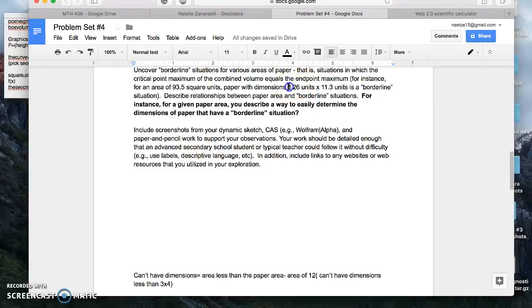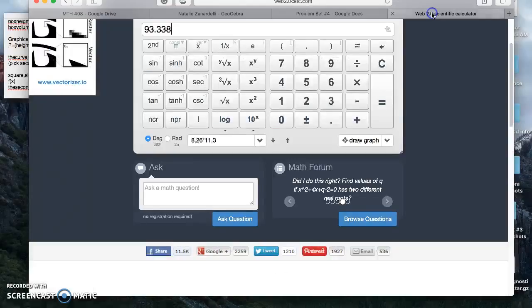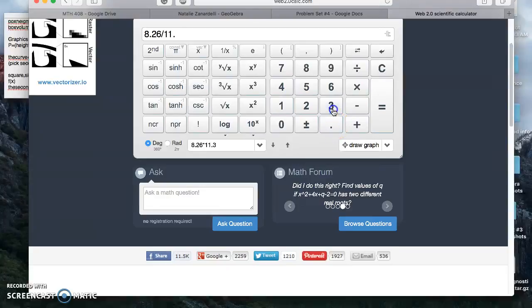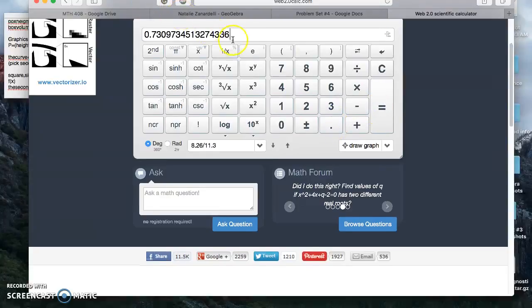So if we take this dimension and divide it by this dimension, 8.26 divided by 11.3 equals, you get this decimal right here.